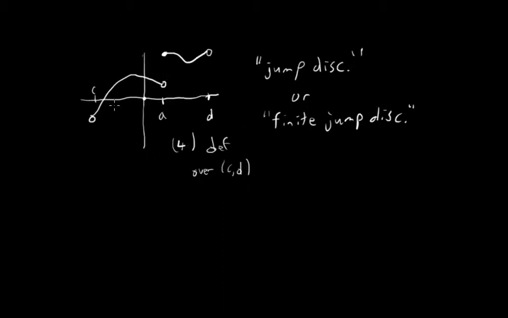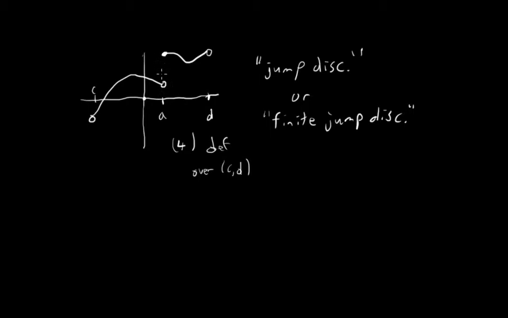So we said this type of discontinuity is an example of a discontinuity that's not a removable discontinuity. Why is that? If you remember, a removable discontinuity is one for which there exists another function, identical to the original function except at the point of discontinuity, which is in this case point A, but that function is a continuous function. Is there any continuous function that's identical to this function except at this point of discontinuity?